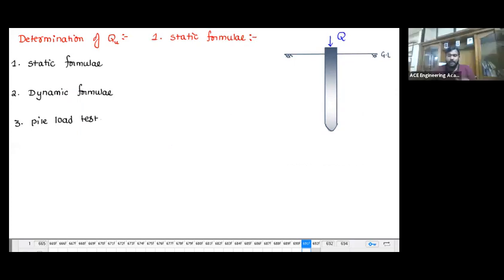When a vertical load is applied on the pile, slowly, due to that load, the pile will penetrate into the soil while we are driving, or after the driving, when I am going to construct the structure. I have to construct the structure in a phase-wise manner. Yes or no? You cannot construct the total structure within a day, right?